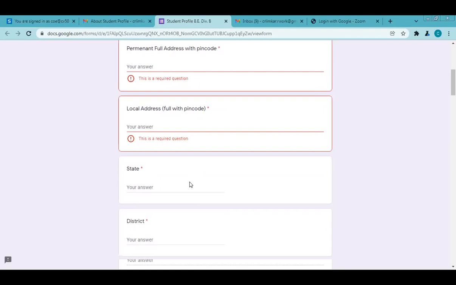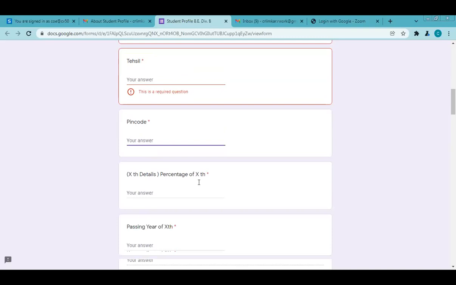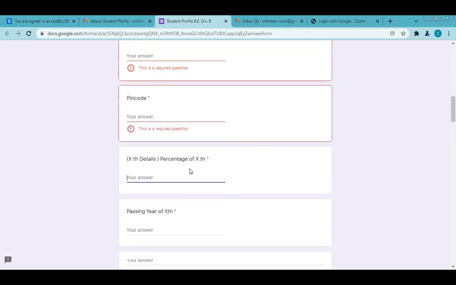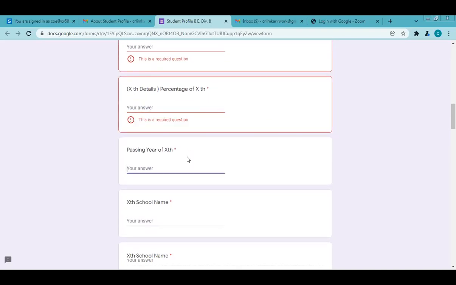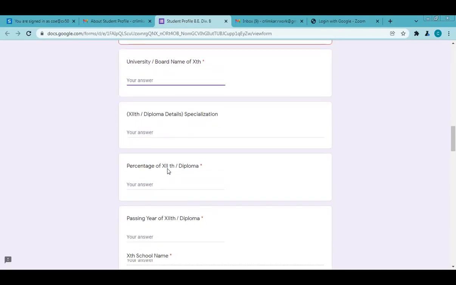You need to enter the state, that is Maharashtra, and your district, whether Solapur, Pune, Sangli, Satara, whatever district you belong to. Then Tehsil name, PIN code, then percentage of 10th standard, the 10th marks. Then passing year of 10th, maybe 2016, 2018, 2015, whatever it may be. Then 10th school name, and university or board, SSC board.